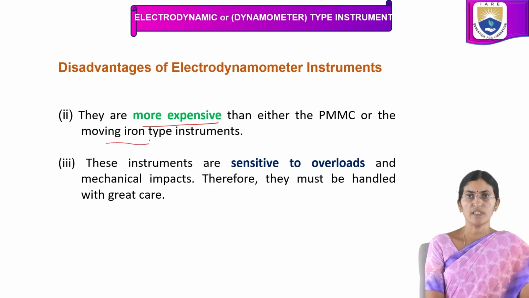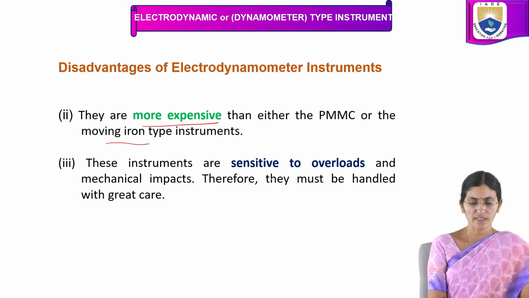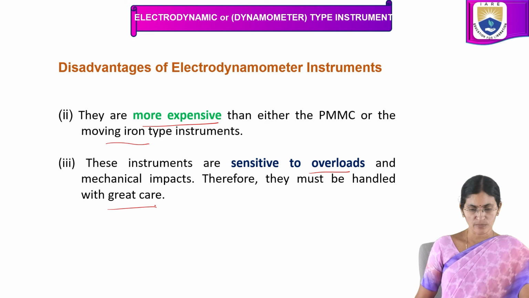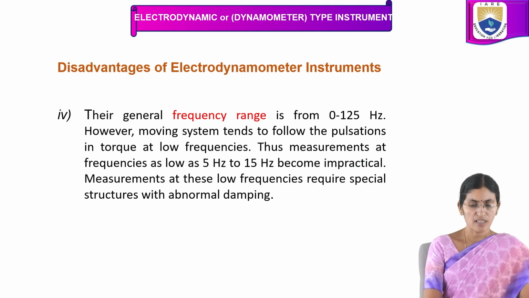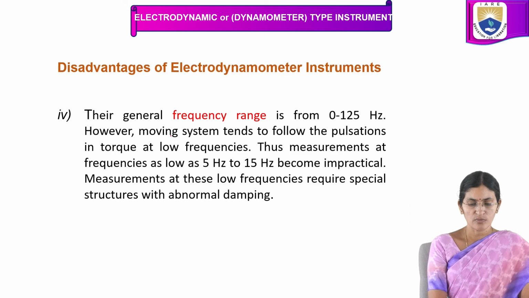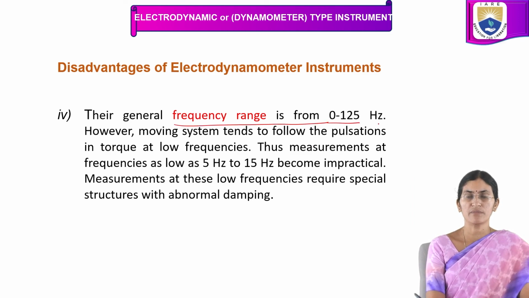These instruments are sensitive to overloads and mechanical impacts. Therefore, they must be handled with care. Another disadvantage is that they can be used in the frequency range from 0 to 125 Hz to give higher accuracy.